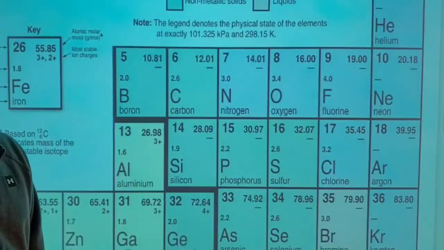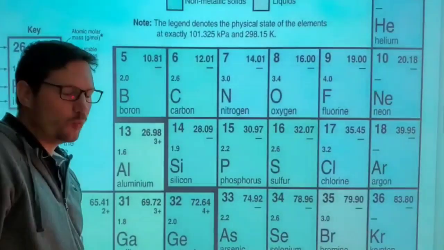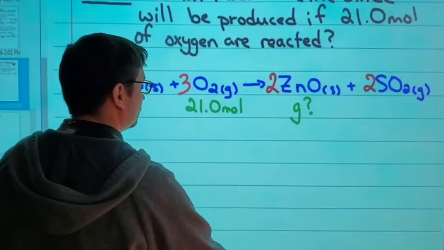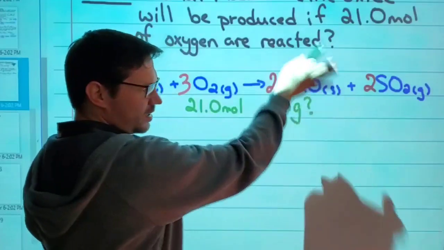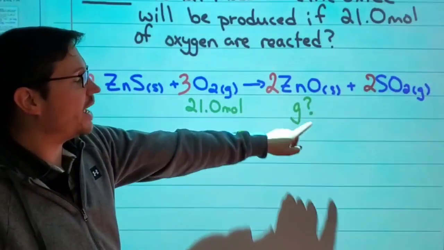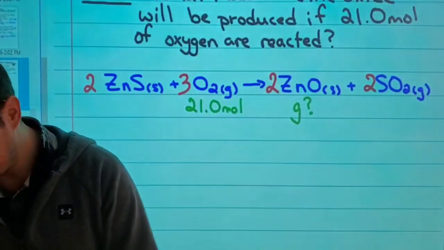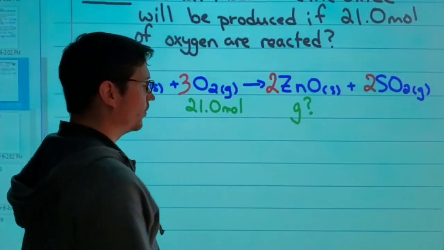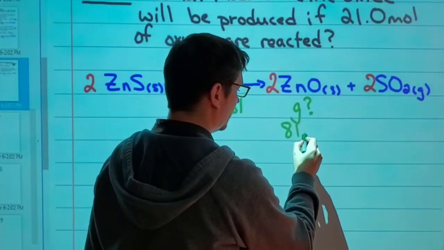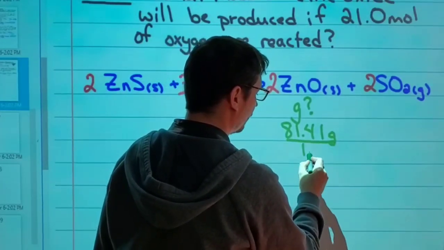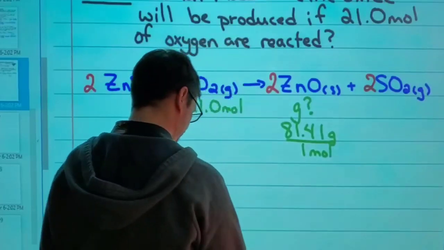So we add those two together, we're going to get 81.41 grams per mole. So underneath zinc oxide, if it's asking for the mass, you need the molar mass. So let's write down the molar mass. 81.41. 81.41 grams per 1 mole.